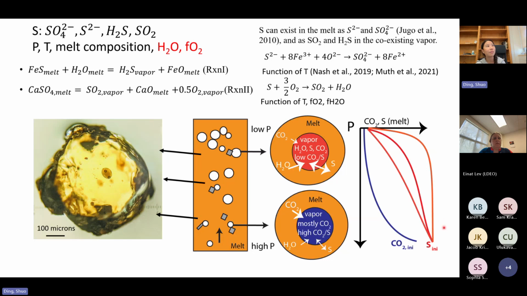However, in the recent five or six years, a lot of new sulfur degassing models have come out that take fO2 into account. We have realized that sulfur degassing can be complicated and very diverse, degassing early or late depending on fO2 and also water concentration.